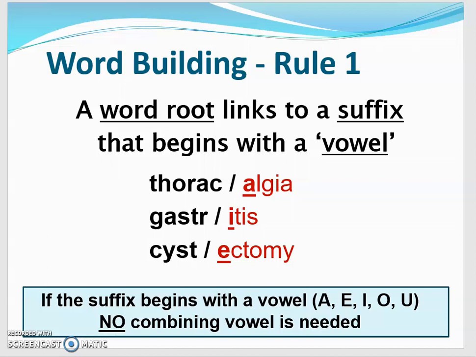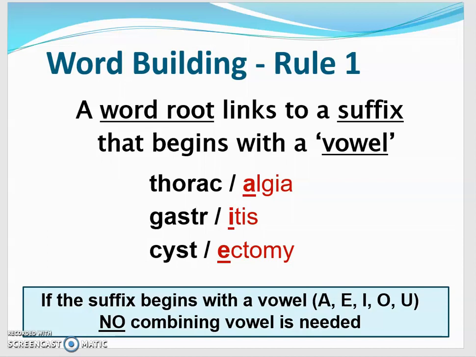Gaster connects to itis, which makes a term called gastritis, which is inflammation of the stomach. And the word cyst, which means bladder, typically the urinary bladder, but it could be any bladder in your body. And if we add the suffix ectomy, it makes the word cystectomy, so it would be the removal of a bladder.